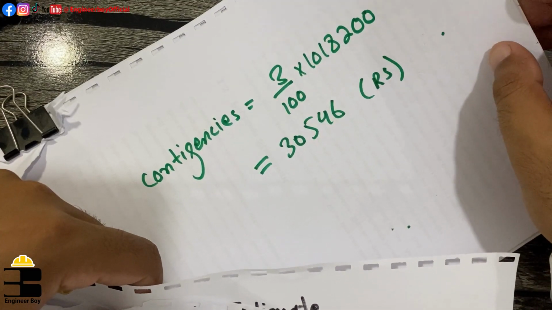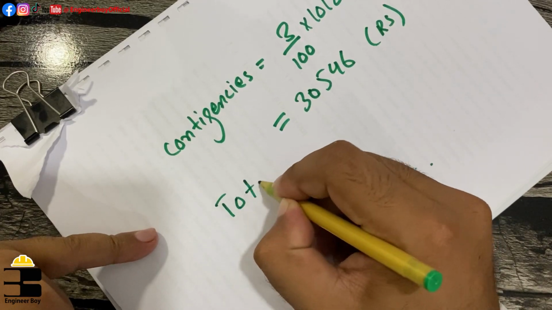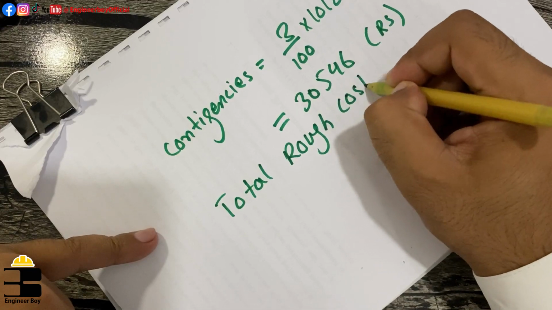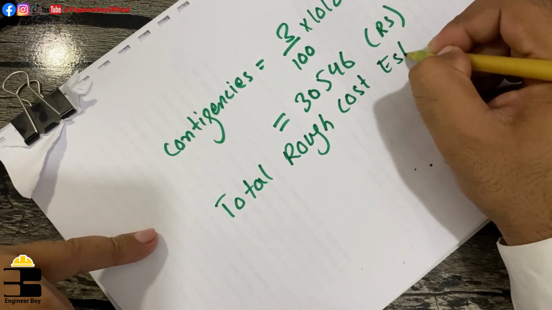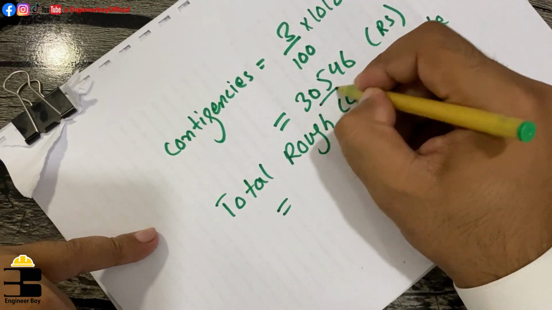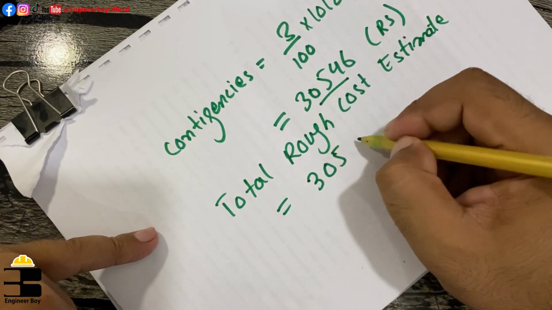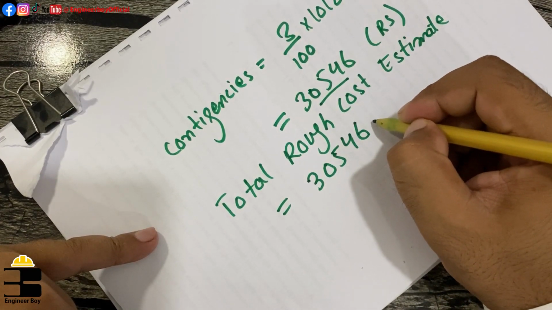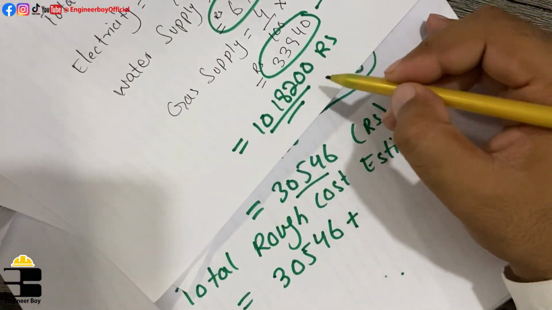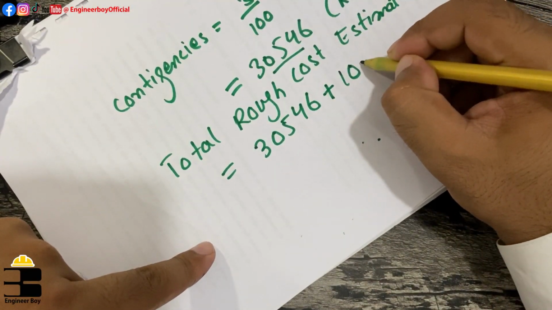Now let's add the total estimate. The total rough cost estimate of the same building is the contingency, 30,546, plus the total cost, which is this thing.